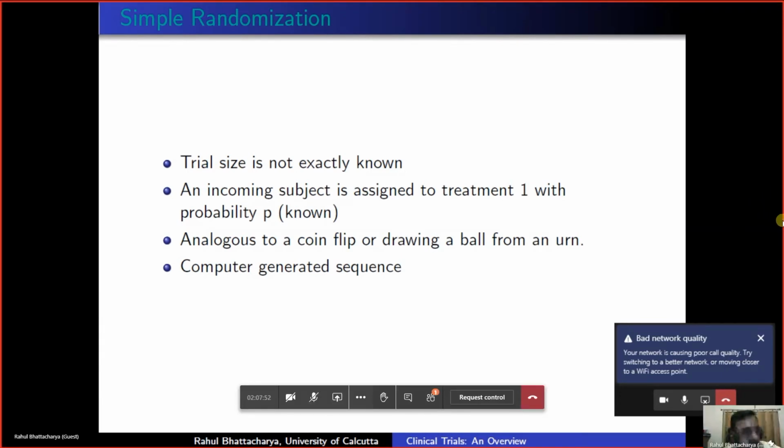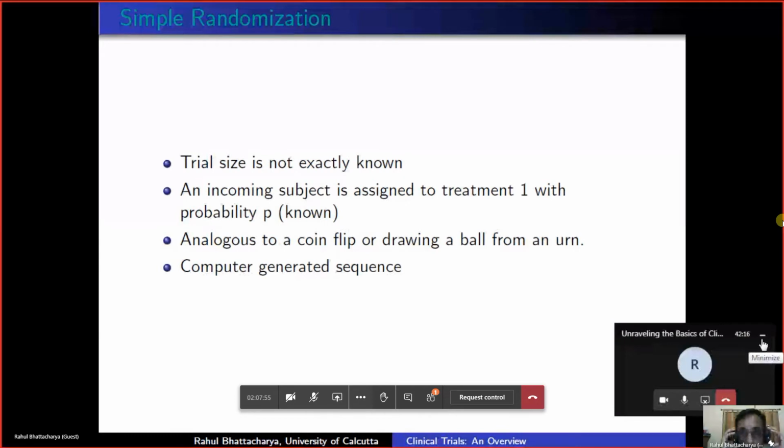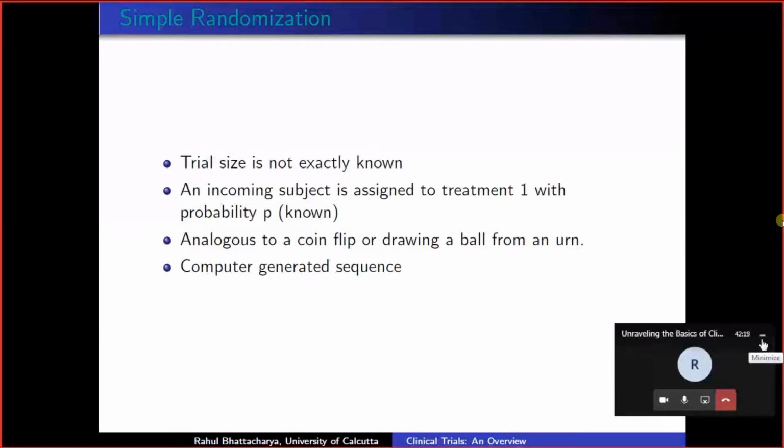However, tossing a coin or drawing a ball from the urn, these are all randomization devices and mathematical artifice. So nowadays, a computer is used to generate random numbers, and then accordingly this allocation is followed. So I have an example. Say the computer generated the sequence 4, 8, up to 0.